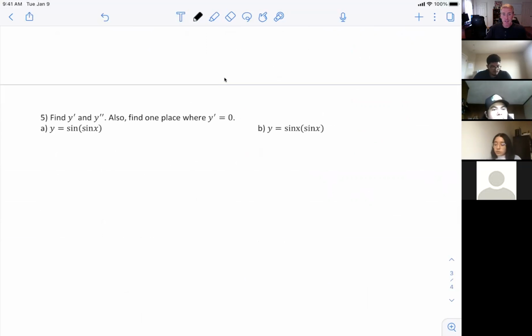Find the first and second derivative, also a place where the derivative equals 0. And if you look at these two functions, I made them to look almost exactly the same. But what's the difference?